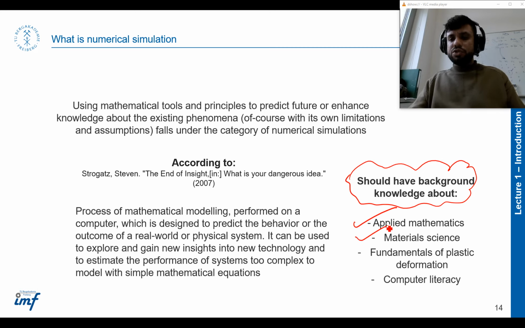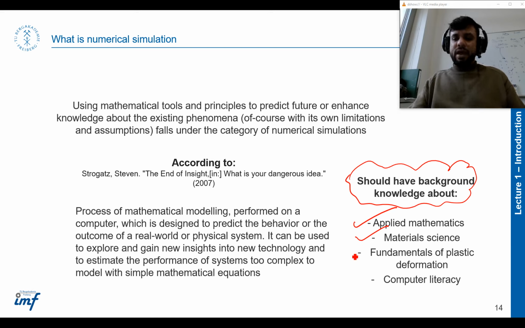We also should have a basic background about material science: what metals or materials generally are made of. They're made of atoms, electrons, protons, neutrons and so on, and how they come together and form the material world around us, and how those materials, based on their intrinsic attributes, behave and deform.